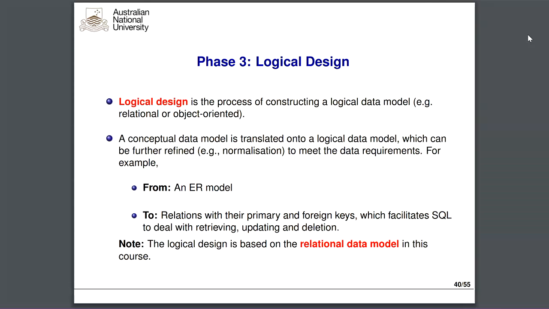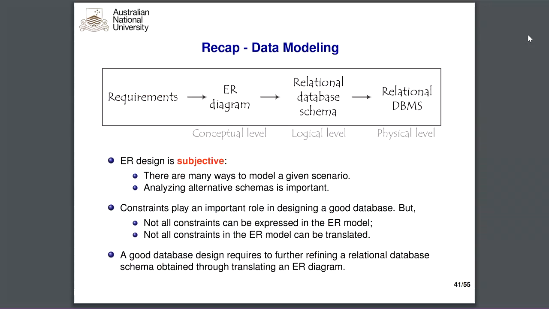Particularly, it comes from an ER model and is mapped to relations with primary or foreign keys in an SQL setting where we can do the coding. So the logical design is based on the relational data model in this course. Again, there are other models, but for this course, we use relational databases.